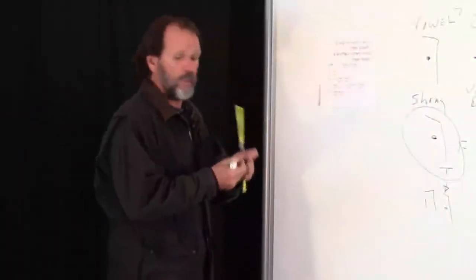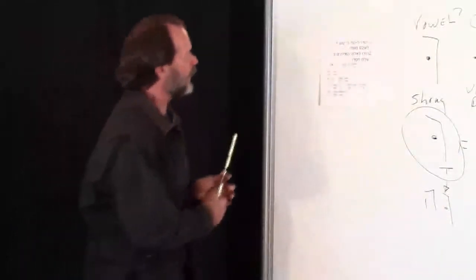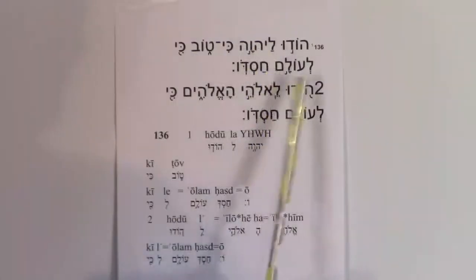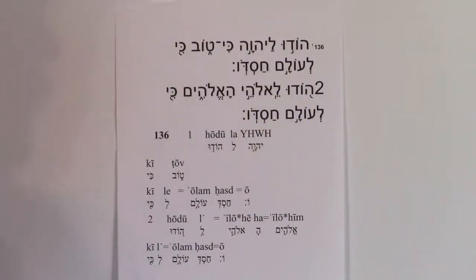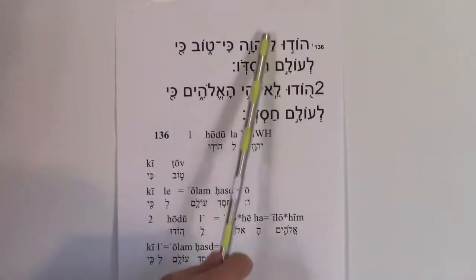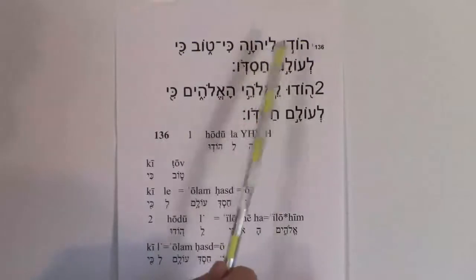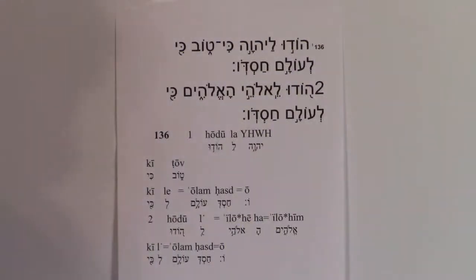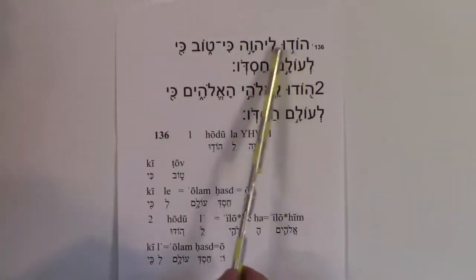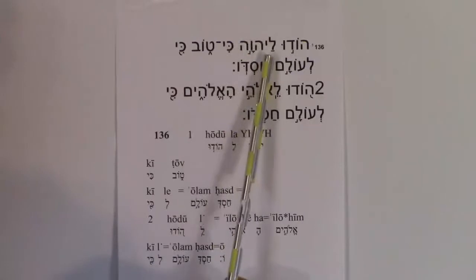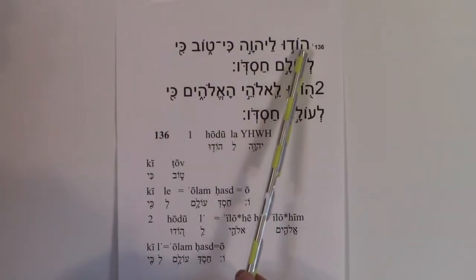Okay. Another thing that I want to point out about these two words, Hodu la Adonai, is this. When you have the prefix la, which is 2 or 4, one of the things you do in Hebrew is pronounce it not with the word that it is suffixed to, but with the word that comes before it.